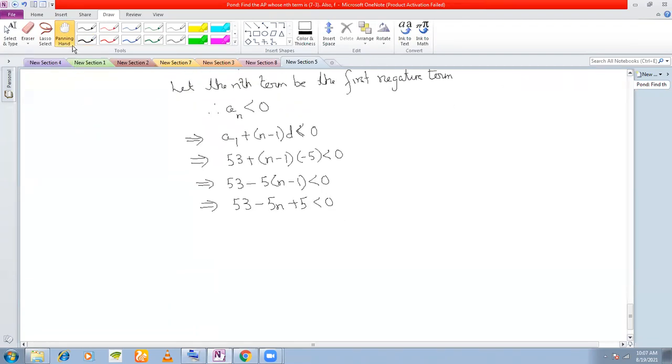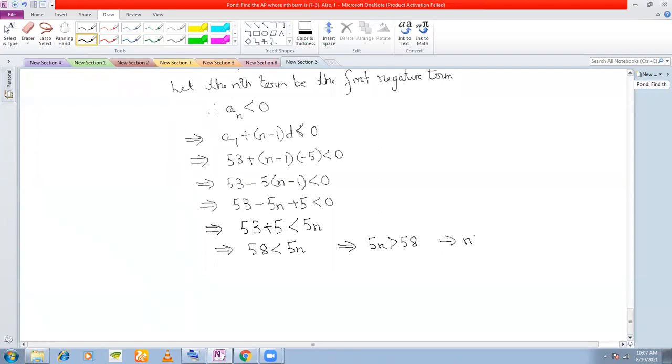In fact, you are going to get an inequality in n. So you'll get here 53 plus 5 is less than 5n. If you take 5n to the other side, so you get 58 is less than 5n. That means you get 5n greater than 58.